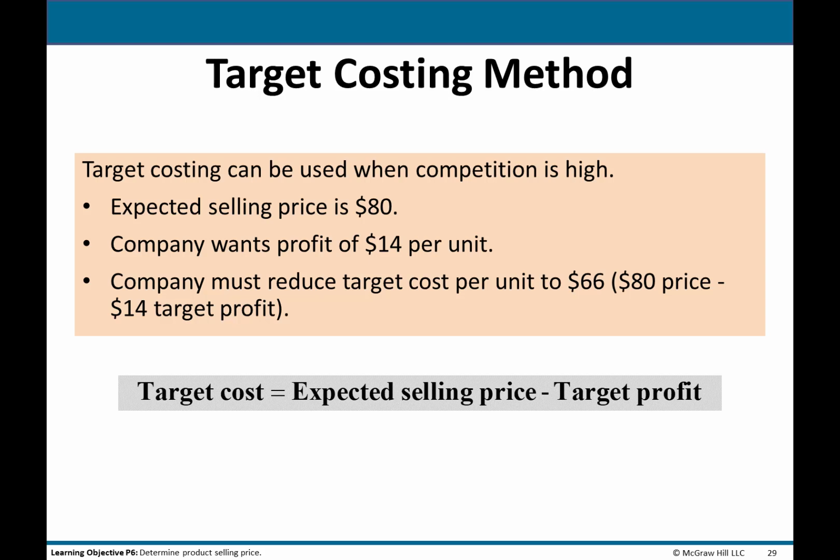Also, make sure you review the variable cost method, which is used to create markups that cover both fixed costs plus the target profit.